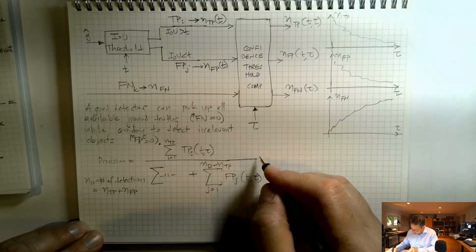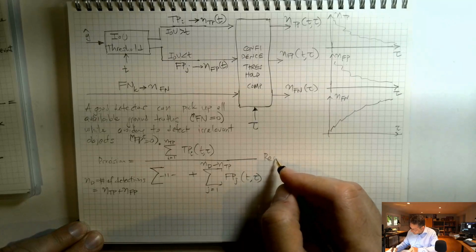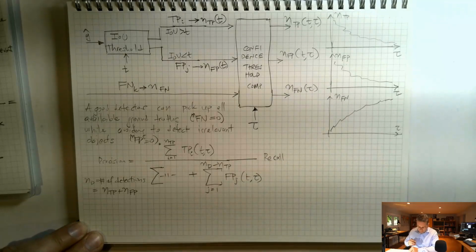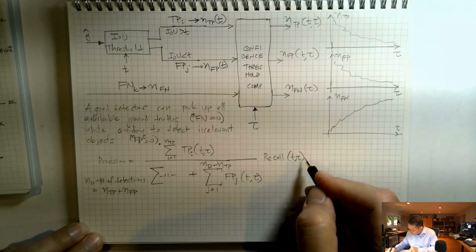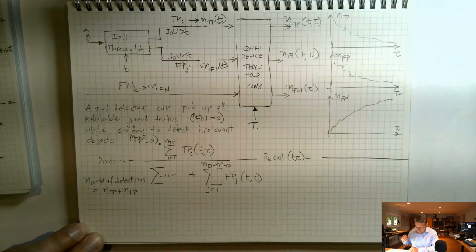And if I write next to it the formula for the recall, which is itself going to be affected by this, I'm going to write another ratio.